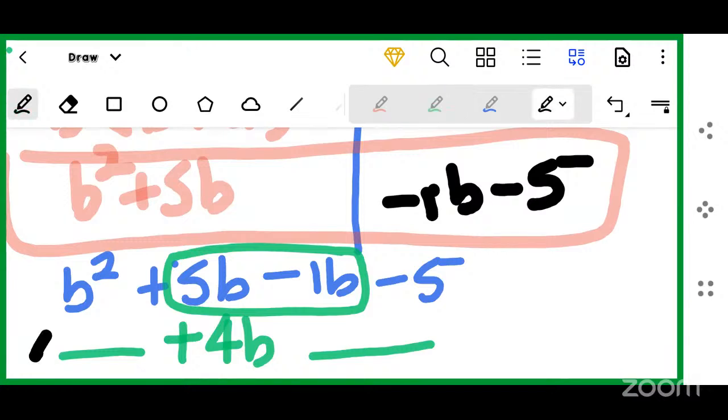What remains this side? Ma'am, just b. Yes, you can carry b on. b to the power 2 and minus 5, ma'am.